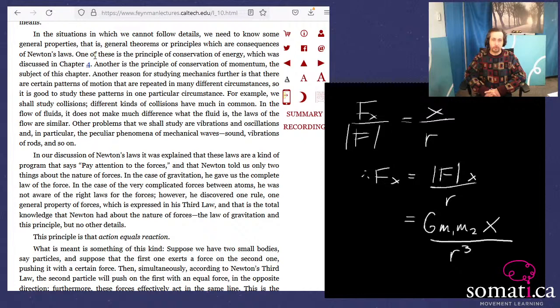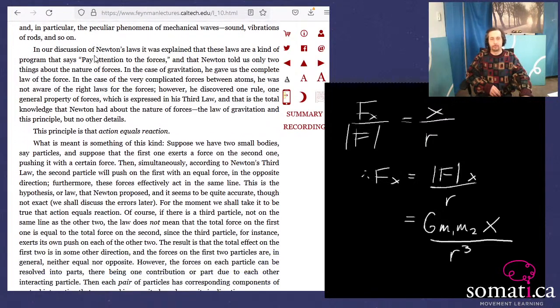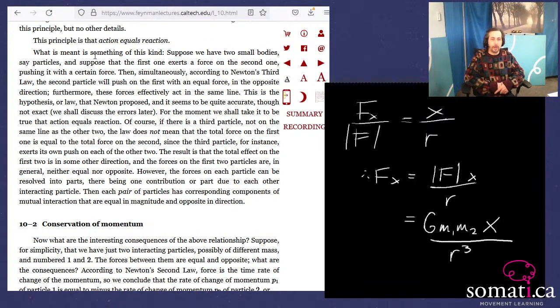One of these is conservation of energy, another is conservation of momentum. Action equals reaction.